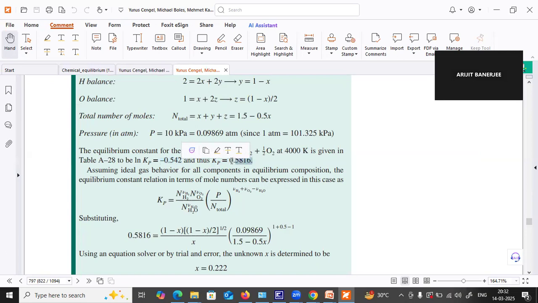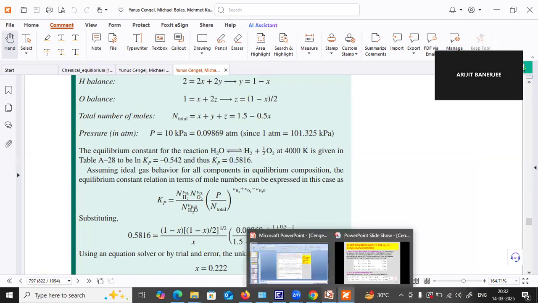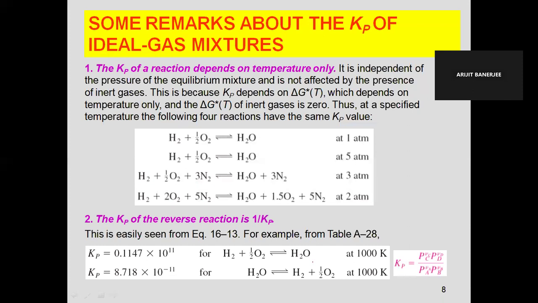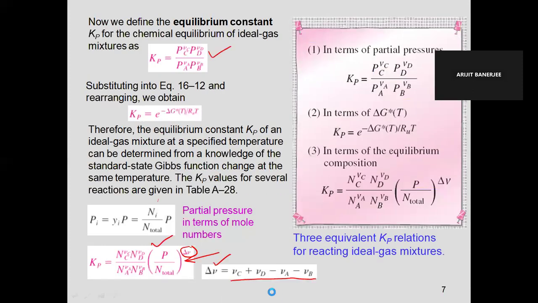Next, what is the target? Kp is already known. In the earlier relation that we have seen, Kp is equal to Nc to the power nu c, Nd to the power nu d, over Na to the power nu a and Nb to the power nu b, multiplied by P by N total.